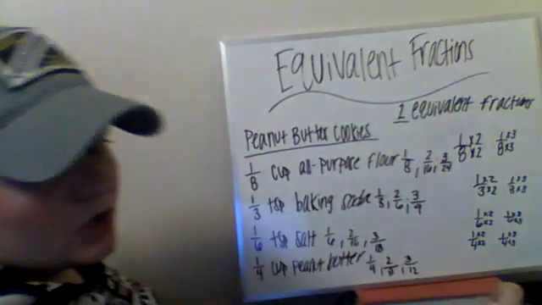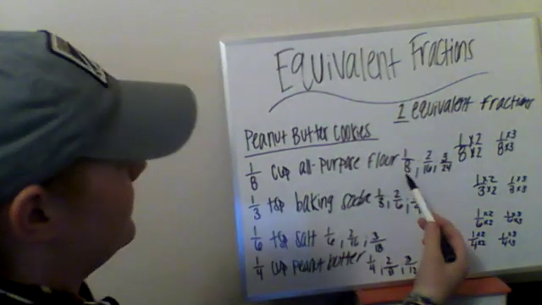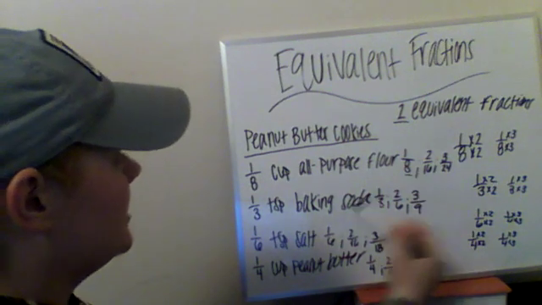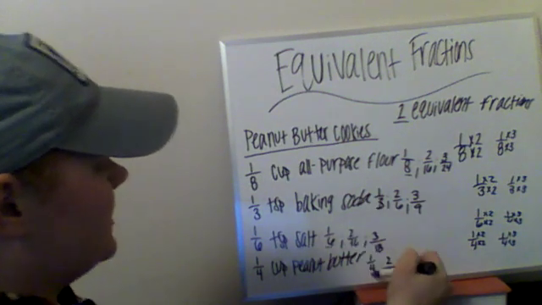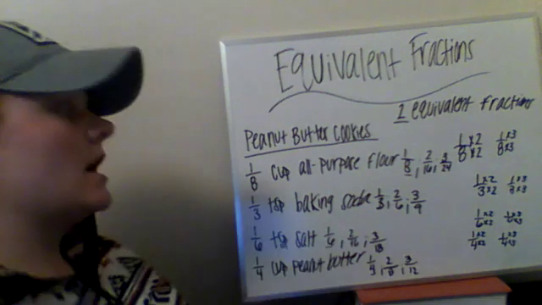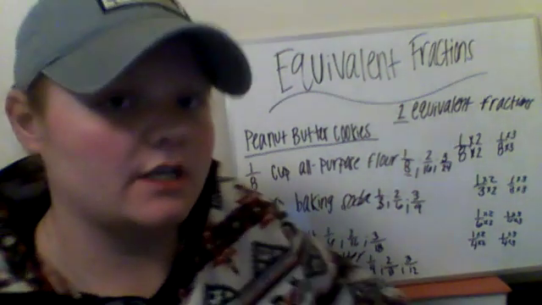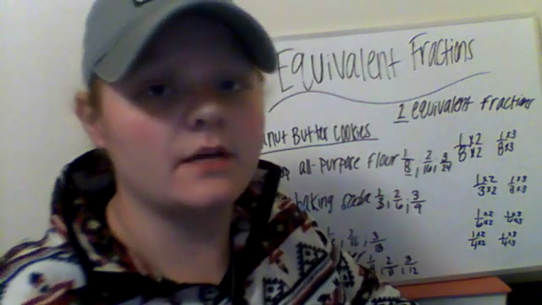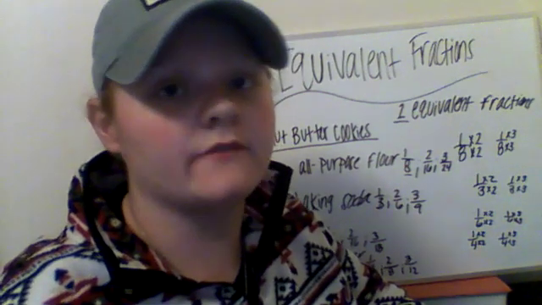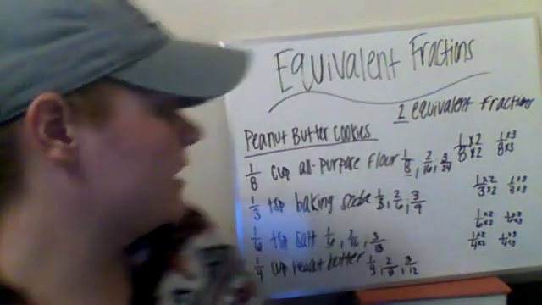Okay, so you all see right here, in each of these ingredients, my first number is my base fraction with my ingredient. And then after it are 2 fractions that are equivalent, okay? And remember, an equivalent fraction is just a fraction that has different numbers, but represents the same part and whole of your original fraction, okay?